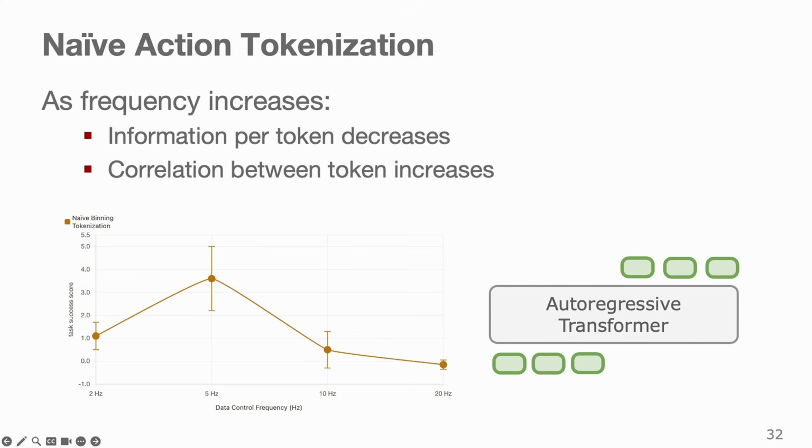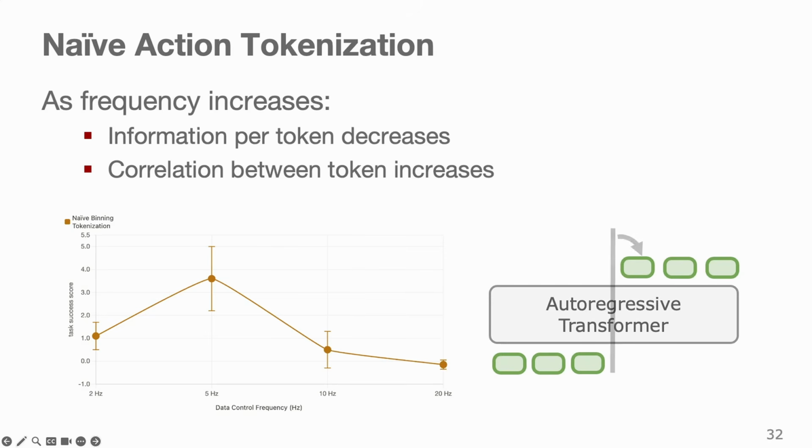And so here on the far right, you can see how performance starts to degrade once we train VLAs autoregressively at higher control frequencies like 10 hertz or 20 hertz with this naive binning tokenization scheme that we just explained.